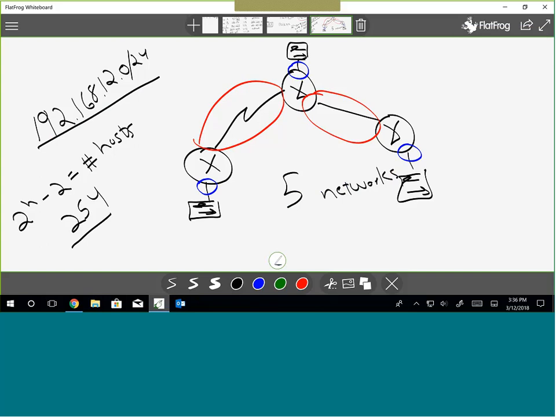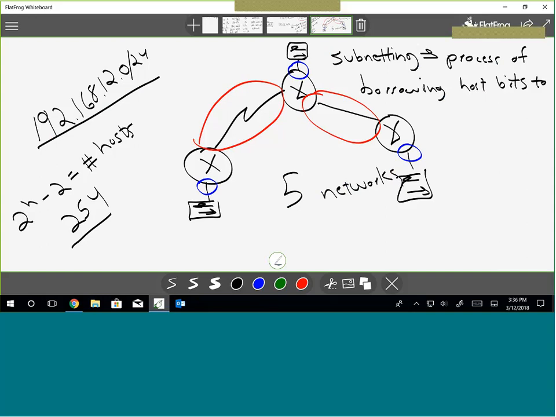So I am now going to have to use a process called subnetting, which by definition is the process of borrowing host bits to increase the number of network bits. That is the book definition of subnetting.